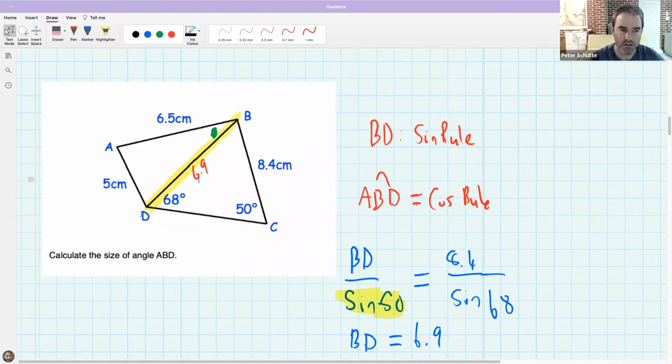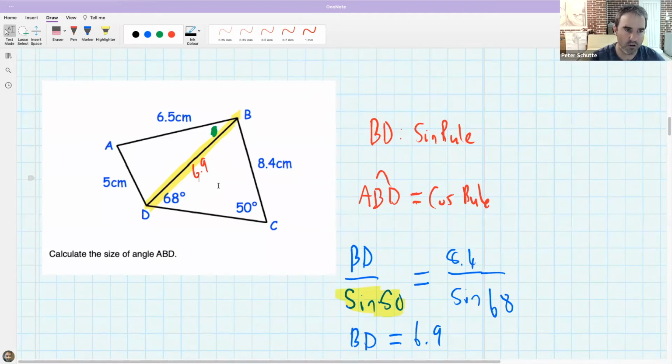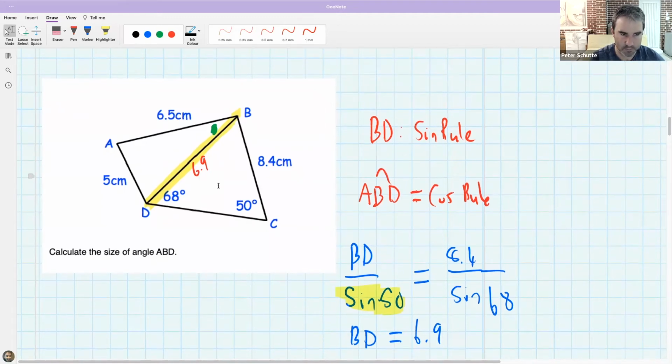So if we assume that BD is 6.9, what is the answer we're going to get for ABD? And I'm going to suggest that we use the cos rule because we've got all three sides in this triangle. So how do we write that out?